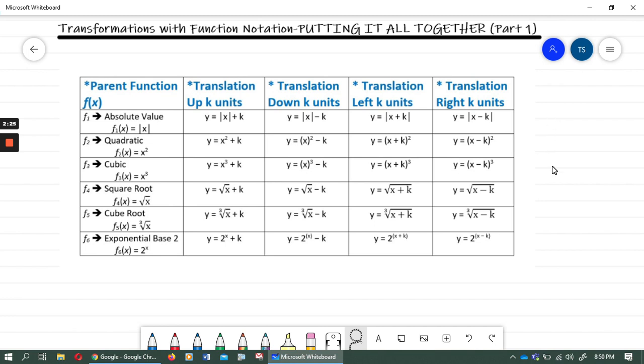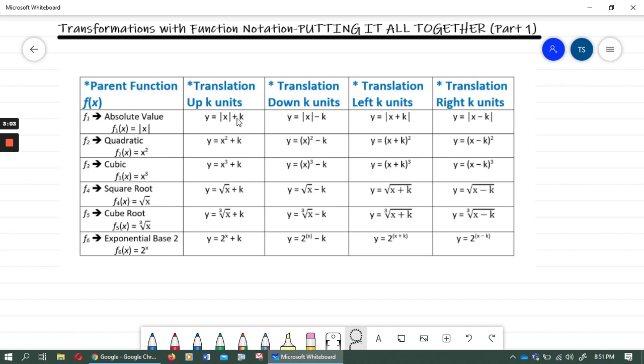But anyway, we did talk about translations, and we looked at different examples, even with these six parent functions. This chart shows you how each of these types of parent functions is going to look if it's written with a translation of going up by k units.